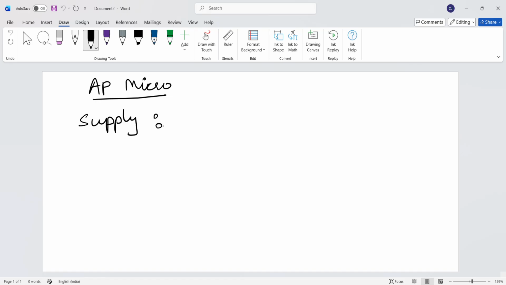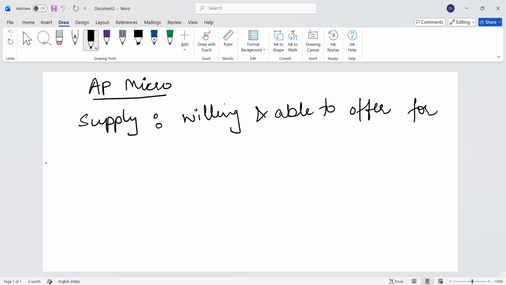Okay, so what do you mean by supply? Supply is basically the amount of goods producers are willing and able to offer for sale at various prices in a given time period.